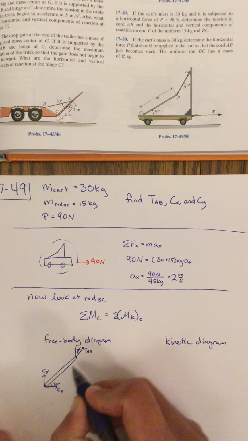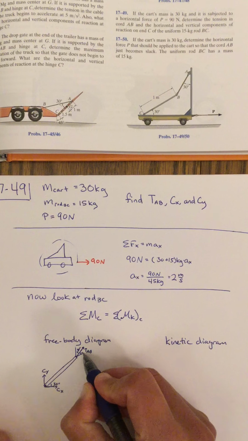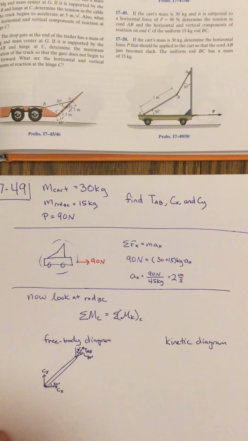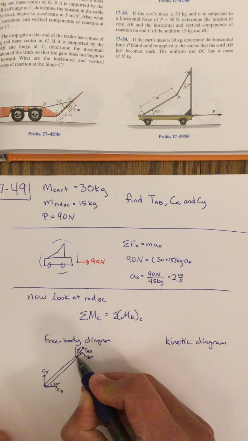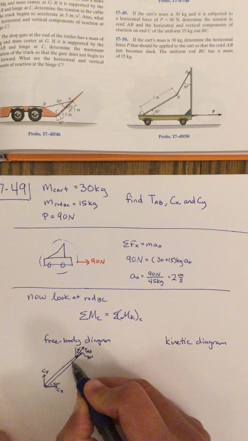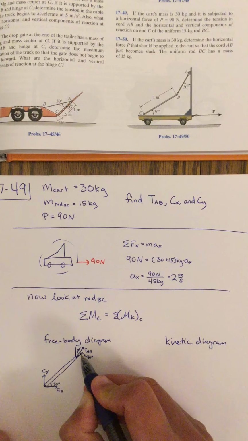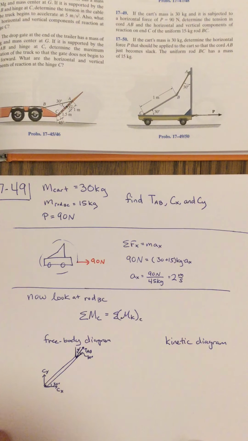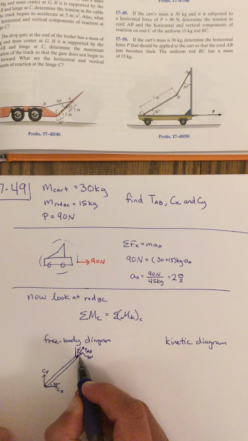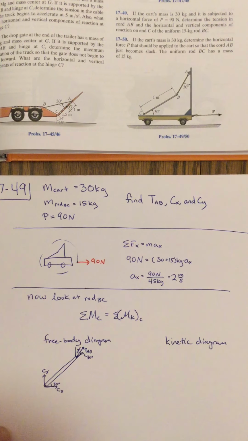And because this angle is 30 degrees, that angle is also 30 degrees. So this is parallel with the rod. This is vertical, and both of those angles are 30 degrees. And then you have this angle here, from here to here would be 30 also, so 30 plus 30 plus 30 adds up to 90.